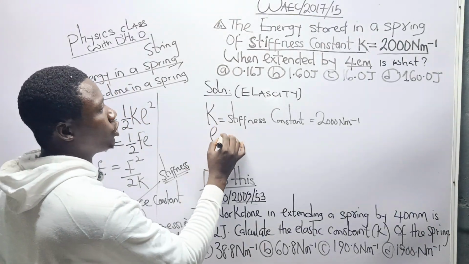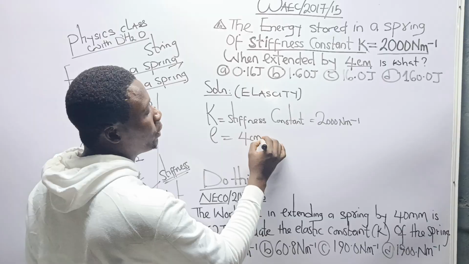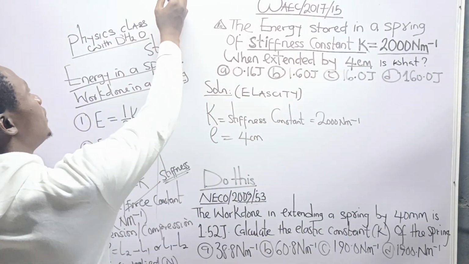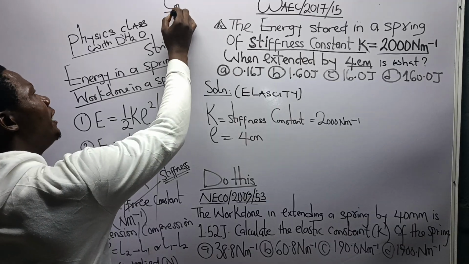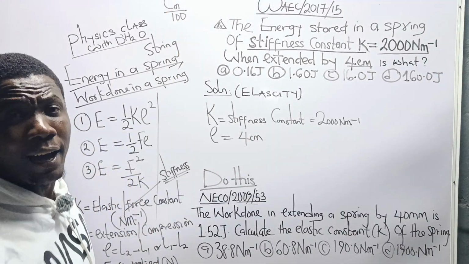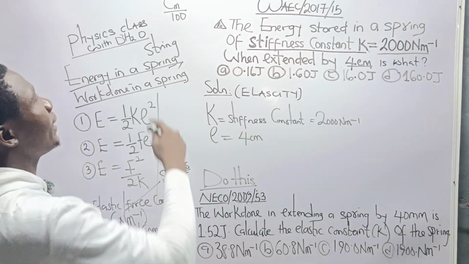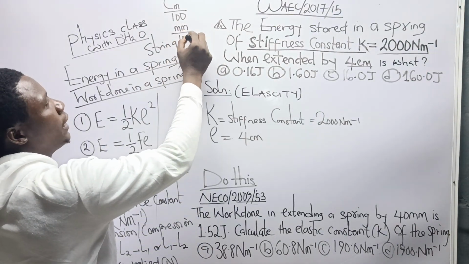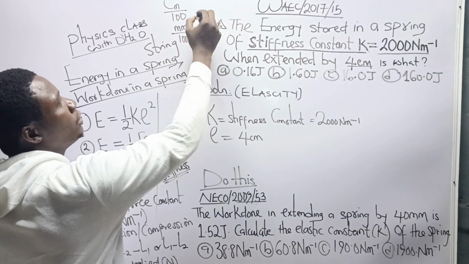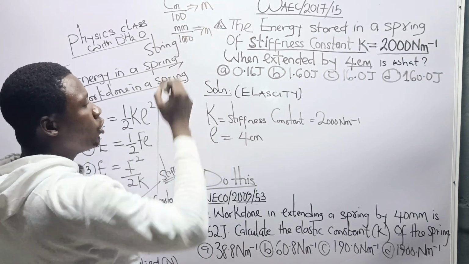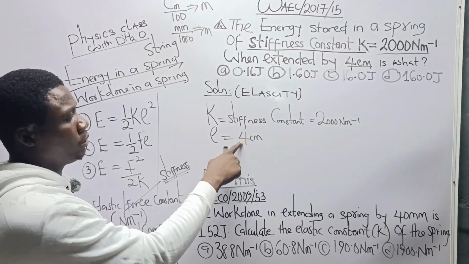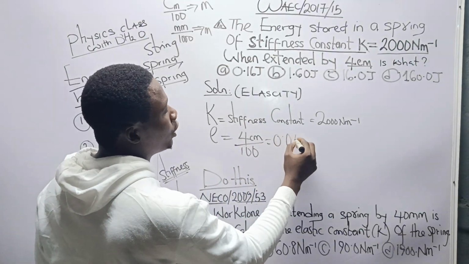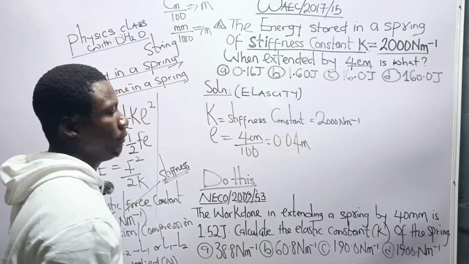Now, your extension is 4 cm. Please, we have to be consistent with units. If you are given extension in centimeter, divide it by 100 to get your value in meter. If you are given in millimeter, divide it by 1000 to get the equivalent values in meter. Take note of that. So this one was given to us in centimeter.